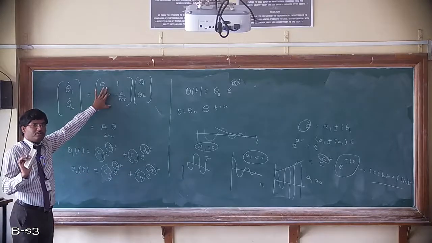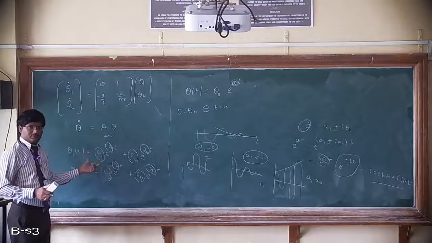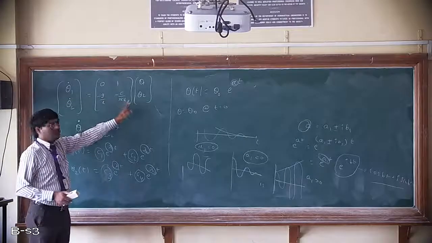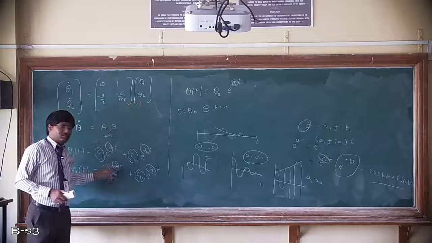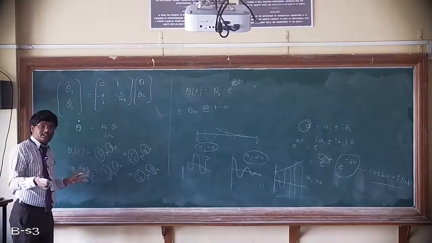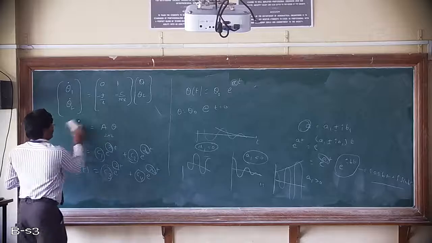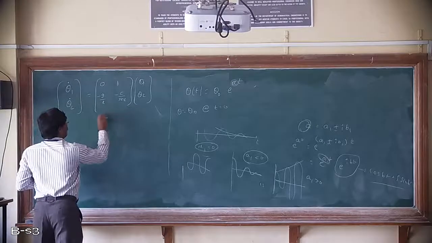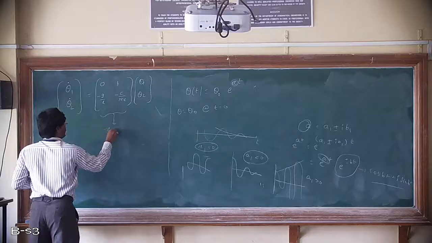Are you getting, everyone? If you want, just solve this, take some values, g by L as 4, c by ml as 5, and solve it. Definitely it will be in the form of this. The stability mainly depends on the eigenvalues of the system.